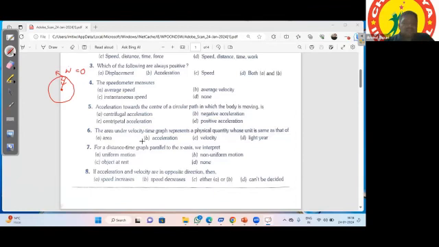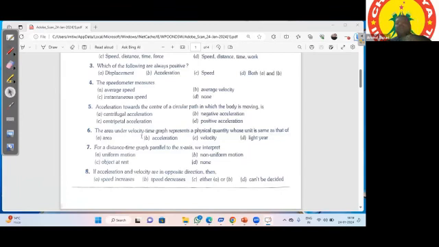Now, see, the area under the velocity time graph represents a physical quantity whose unit is the same as that of. So again, think of this. First of all, what does the area under the graph represent?